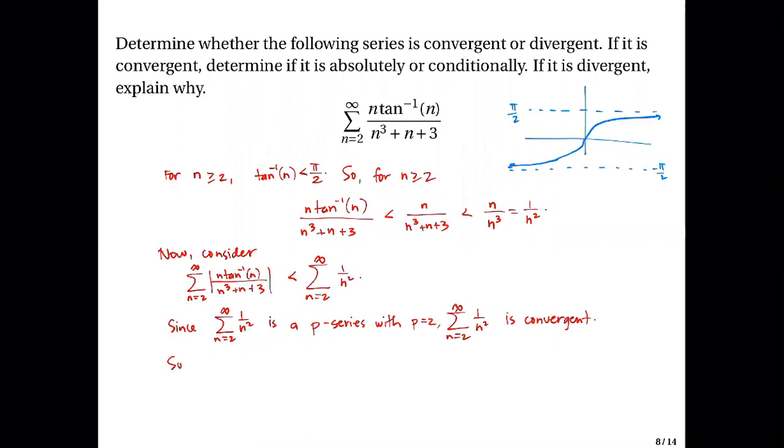So the series of the absolute value of n tangent inverse of n over n cubed plus n plus 3, from 2 to plus infinity, is convergent.